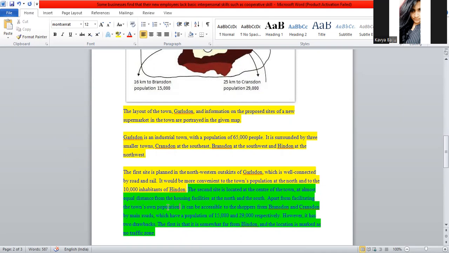So for the 65,000 people plus 15,000 plus 29,000, it's equally convenient for all these people.